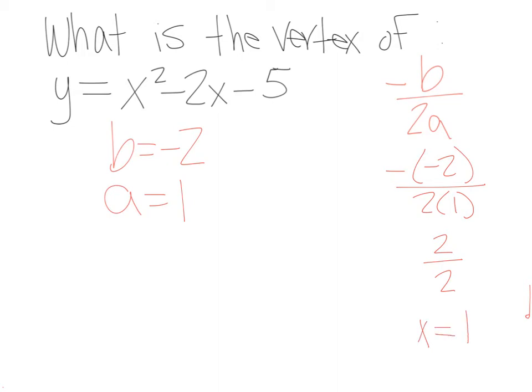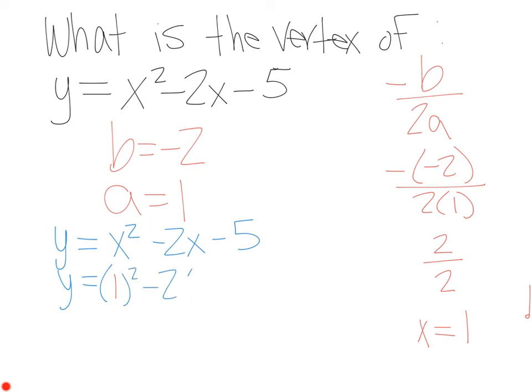In order to find the y-coordinate, I take 1 and I plug it into my equation. So I'm going to take x squared minus 2x minus 5, and I'm plugging in 1 for x. So my y is equal to 1 squared minus 2 times 1 minus 5.